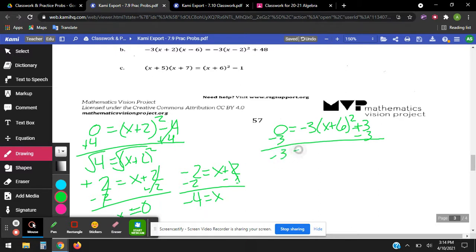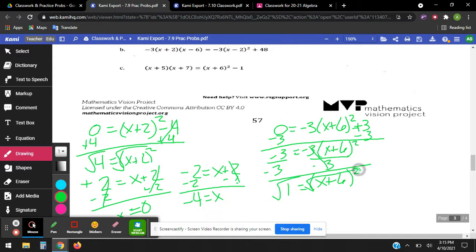So negative 3 equals negative 3 times x plus 6 squared. So I have to divide by negative 3. And so negative 3 divided by negative 3 is positive 1 equals x plus 6 squared. So now I need the square root of 1. So 1 equals x plus 6. Negative 1 equals x plus 6.